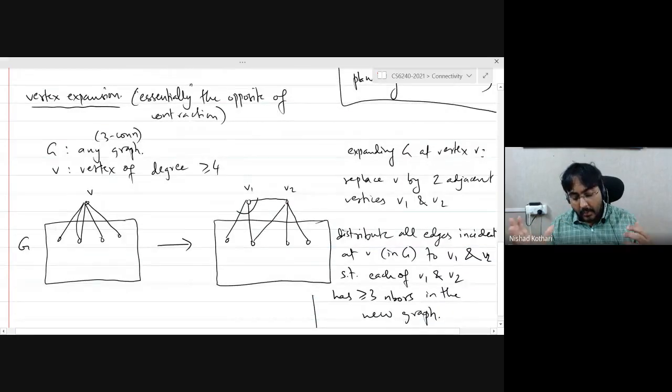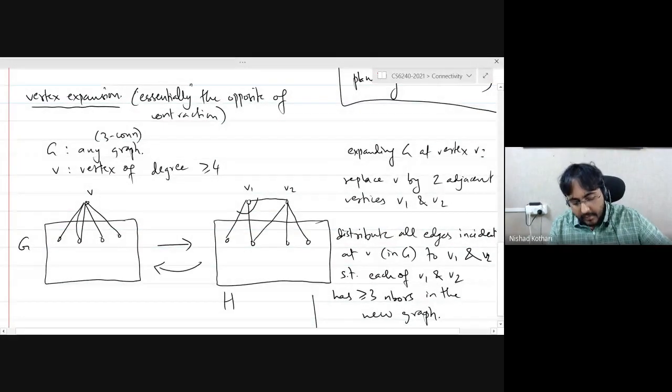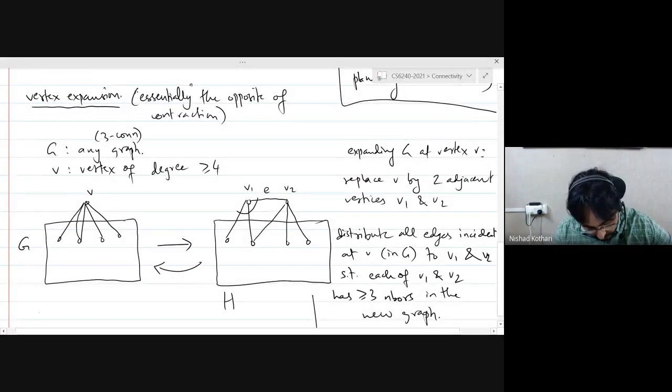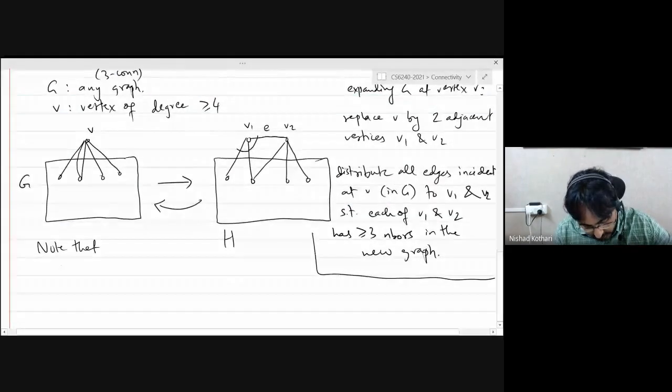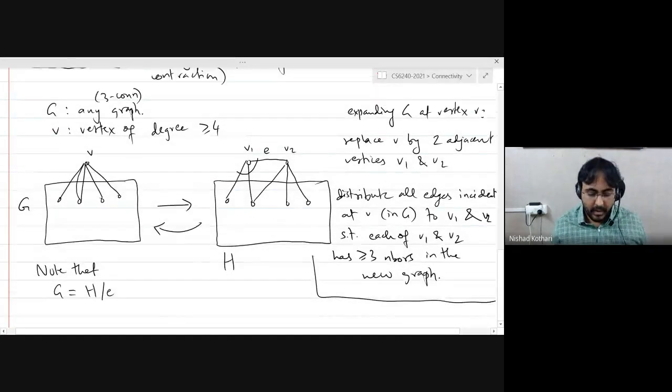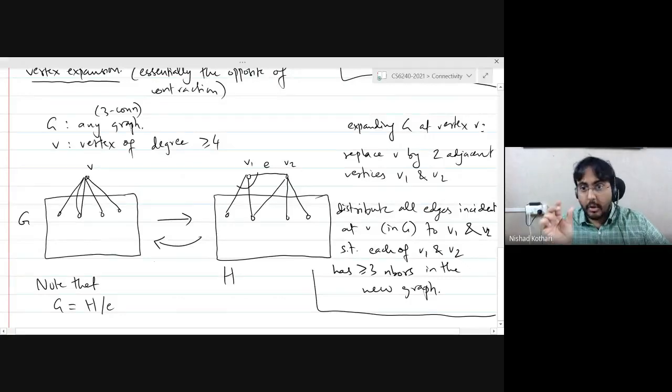But think about it now in the reverse direction. If you want to go back from this new graph H to G, then what you would do is you would contract the edge E with ends V1 and V2. Note that G is exactly H contract E. And in this sense, the contraction operation is unique.